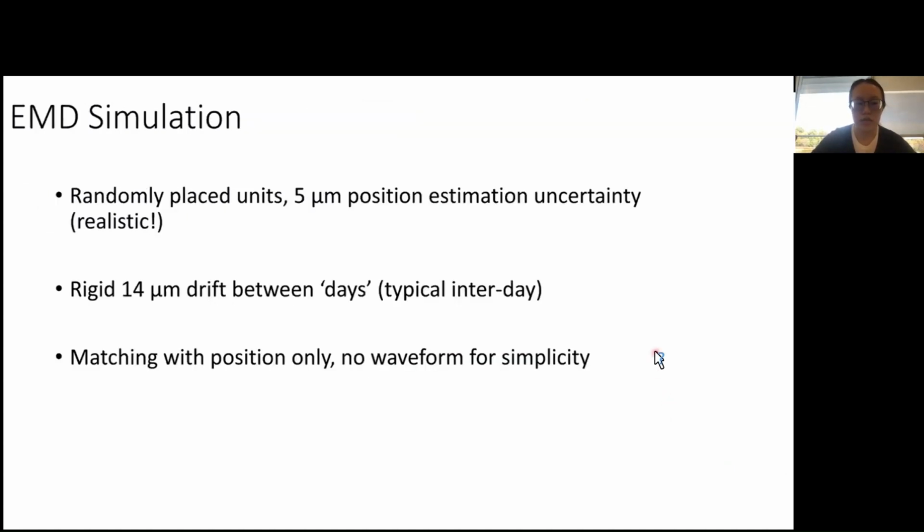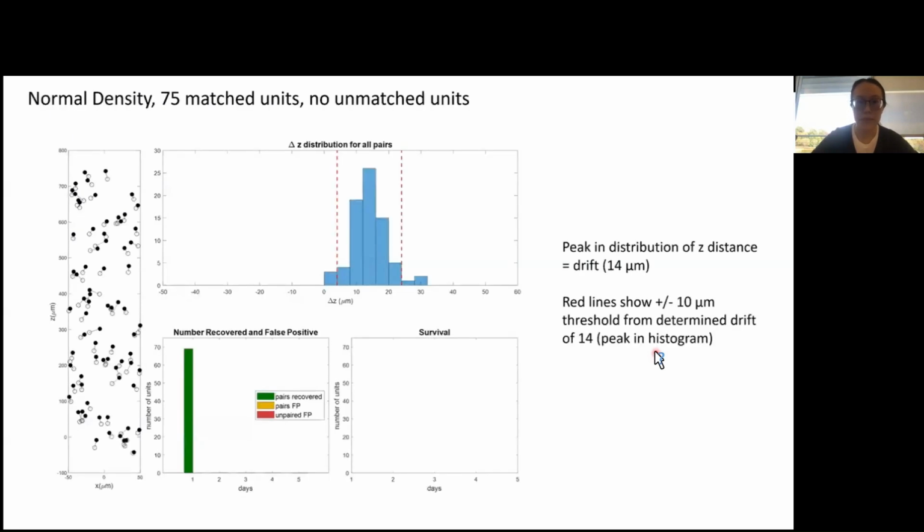So to give you an intuition of how EMD works, I want to first start with the simplest simulation using randomly generated units with position uncertainty in each day. We added a 14-micron upward drift between two consecutive datasets, and this is a very typical intraday movement amount. Here we match with only locations or positions for simplicity.